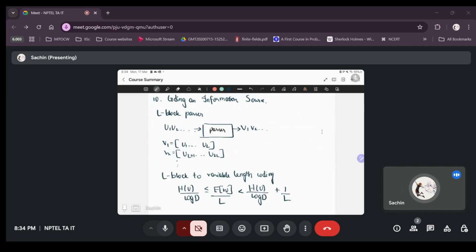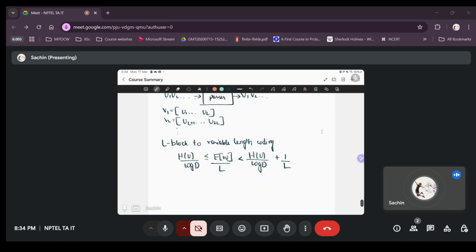But as L goes larger and larger, 1 over L becomes smaller and smaller, so E[W] is restricted to a smaller neighborhood of H(U) by log D. The lower bound is already H(U) by log D, and the upper bound is H(U) by log D plus some epsilon. The epsilon becomes smaller as L becomes larger. That's what we saw in week 2.